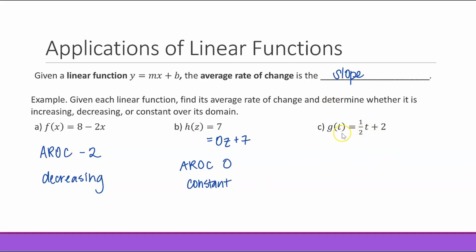In part C, g of t is 1/2 t plus 2. So my average rate of change is the slope, positive 1/2, the number that is multiplied by the variable, in this case t. And since this is a positive number, we know this linear function is increasing.